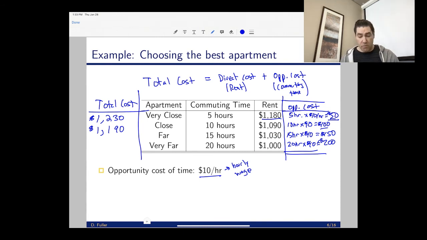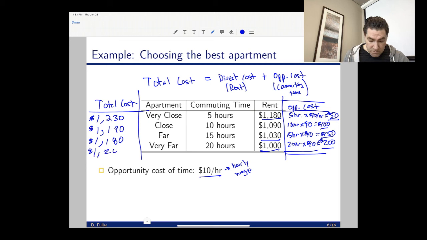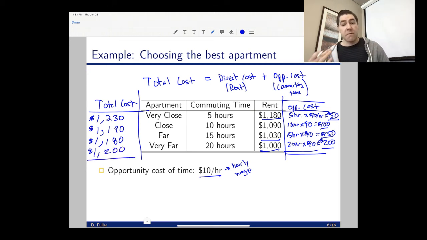I add those together and get a total cost of $1,190. For apartment far, it's $1,030 of rent plus the $150 of opportunity cost, which is $1,180 of total cost. For apartment very far, $1,000 in rent plus $200 is $1,200 in total cost.